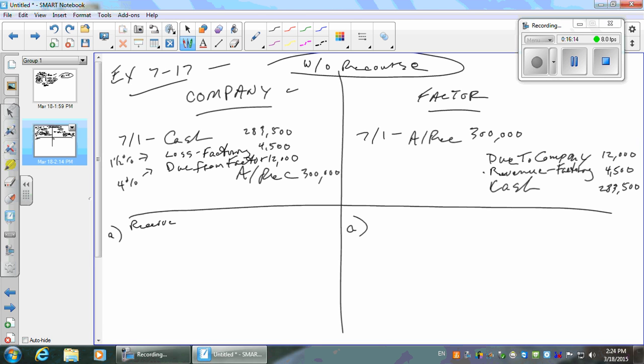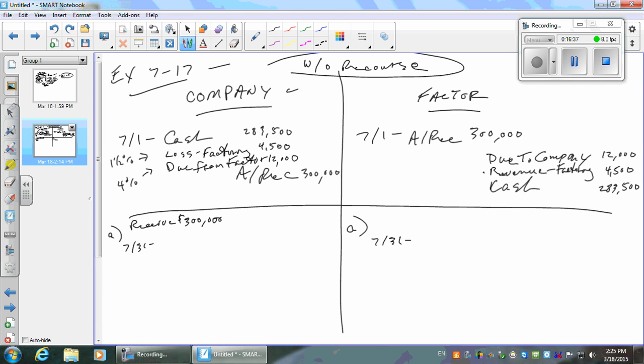Receive by the end of July, by July 31st. So assume it all comes in July 31st, and then they transfer the funds July 31st too. Let's say they receive the whole 300,000. The whole thing gets paid.